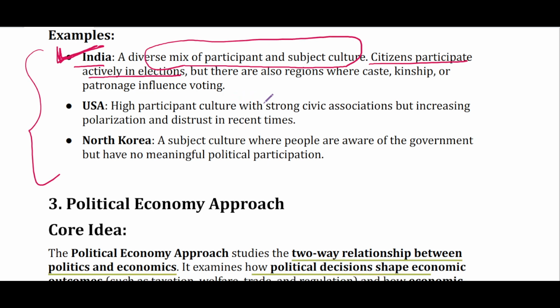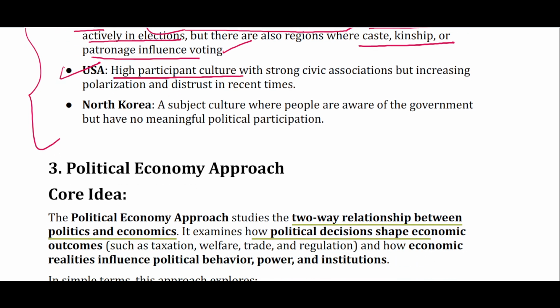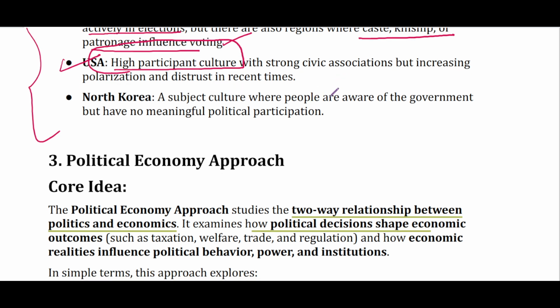But still in the rural countryside or some regions, there are certain binding criteria such as caste, kinship or patronage that influence voting. Then in the USA too there is a high participant culture. People are quite educated and aware and they participate in large numbers. But recently there have been polarization and distrust.